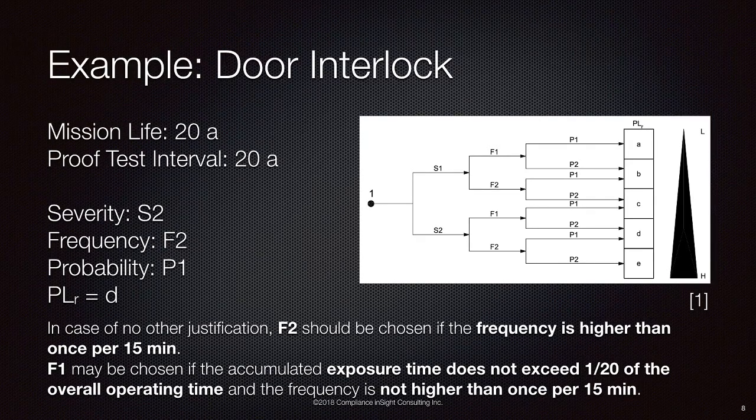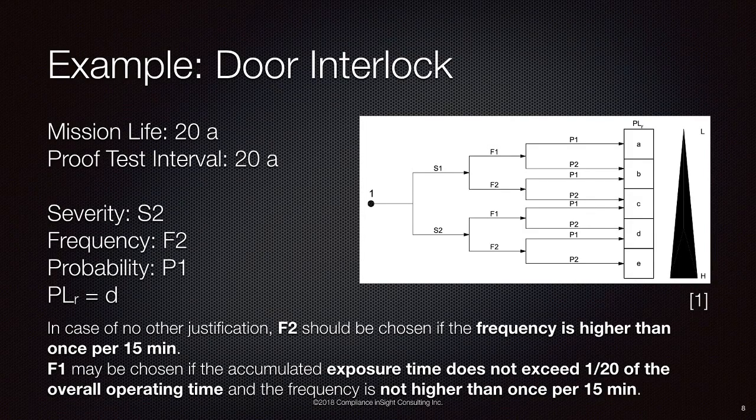But one of the key things is that accumulated exposure time can't exceed 1/20th of the overall operating time. So for every 20 hours of operation of the equipment, access through, let's say, a guard door interlock couldn't be more than 1 hour in 20 in the normal operation of the equipment.